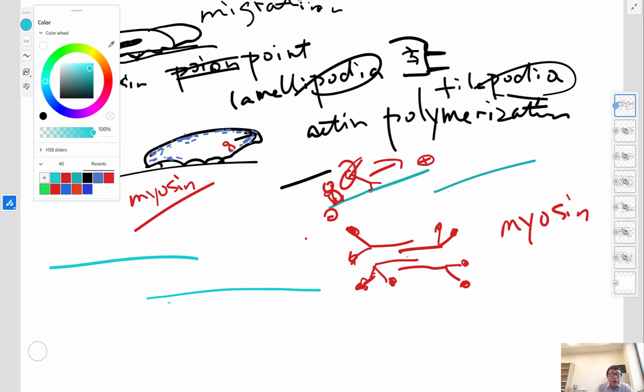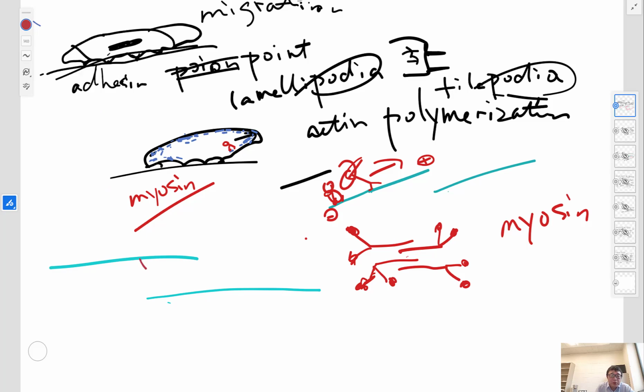And then if you have a myosin bundle, here is a myosin bundle. There's another myosin bundle. And if this head can move forward, and this also can move forward, this myosin bundle can move these two actin fibers closer.